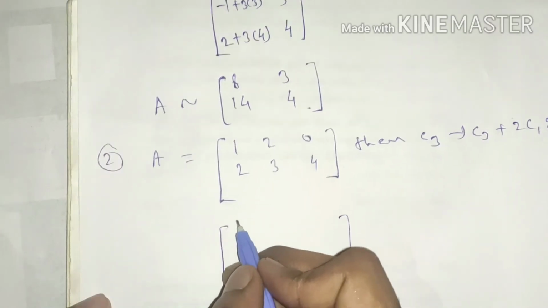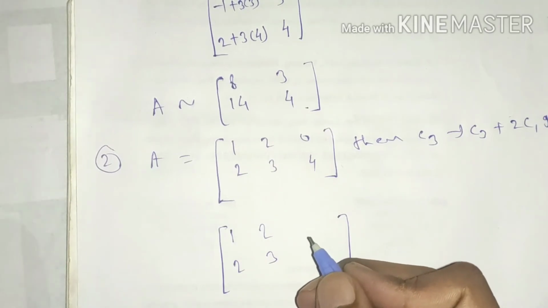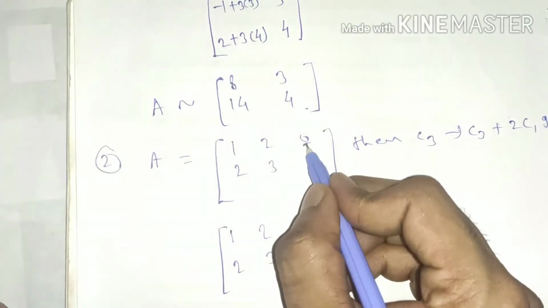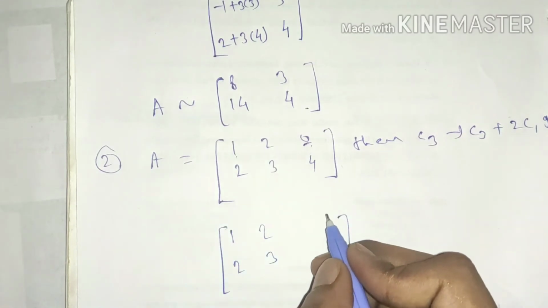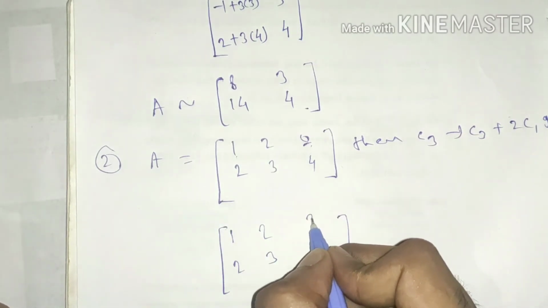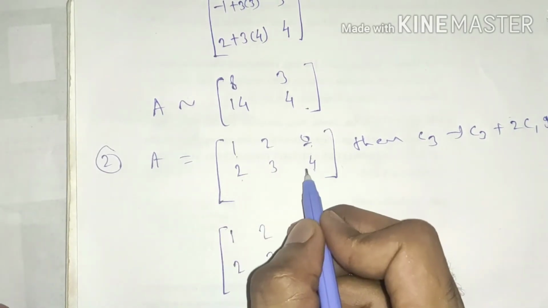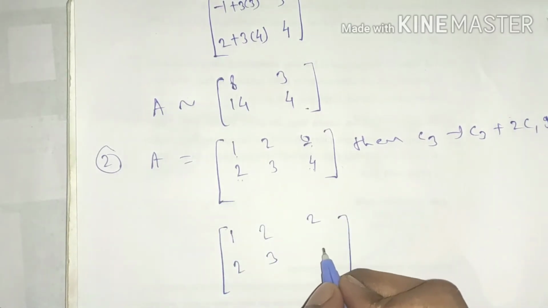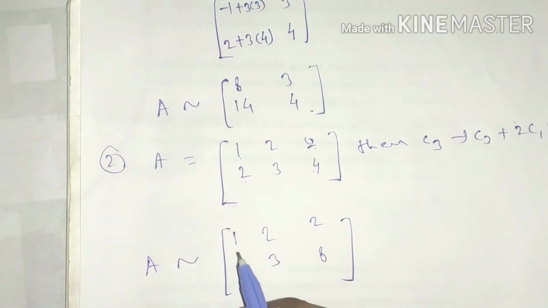The first and second columns will be the same. So the first column is 1 2, the second column is 2 3, and the third column is 0 plus 2 times 1, so 0 plus 2 is 2, and 4 plus 2 times 2, that is 4 plus 4 is 8. So we say the given matrix A is equivalent to 1 2 2 2 3 8.